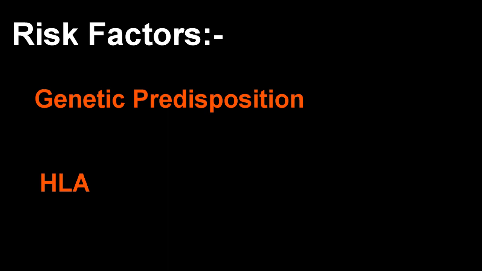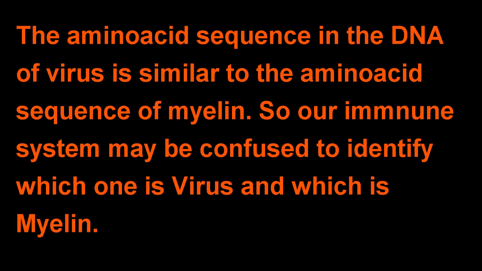How the reaction occurs: the amino acid sequence in the DNA of the virus is similar to the amino acid sequence of the myelin. So our immune system may be confused about which one is the virus and which is myelin. So there is a chance of immune system cross reaction and destruction of the myelin sheath. And factors like fever, sun exposure and stress can also worsen the condition.